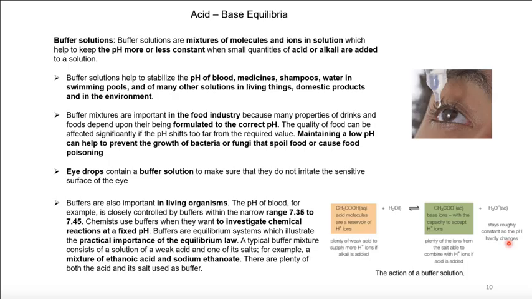So up to this, in the 35th lecture and 36th lecture, we discussed almost the syllabus of acid-base equilibria of AS and A-level chemistry.